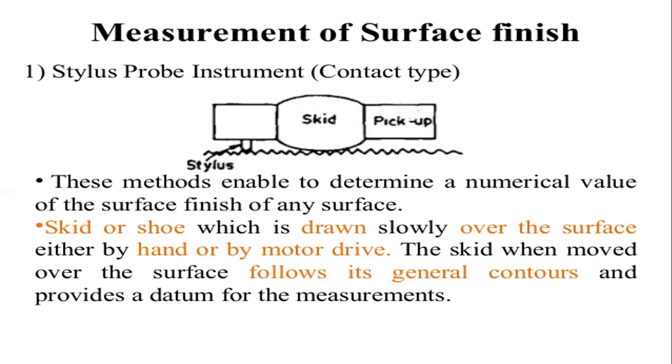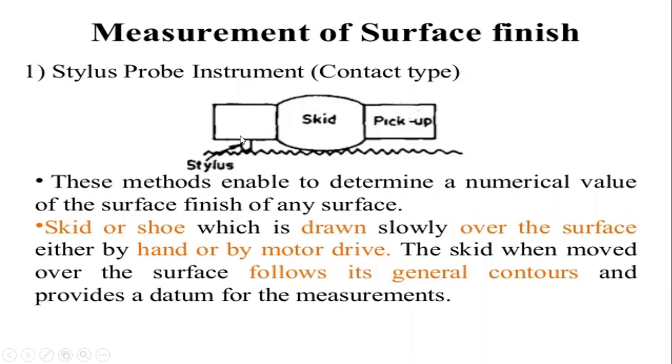The first one is the Stylus Probe type. This is a contact based type, so it directly contacts the surface.